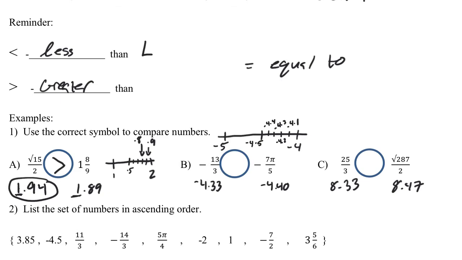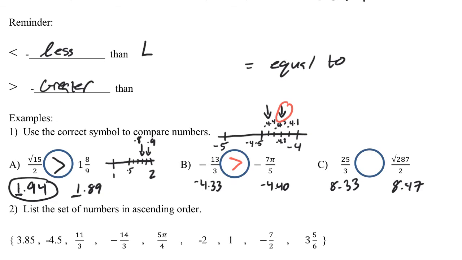So if we're thinking about where we would place these, here's our negative 4.3, here's our negative 4.4. Closer to 0 is larger, so our negative 4.33 is actually going to be larger than our negative 4.0 because it's closer to 0. So we're going to use our greater than symbol, or open side towards the larger number.